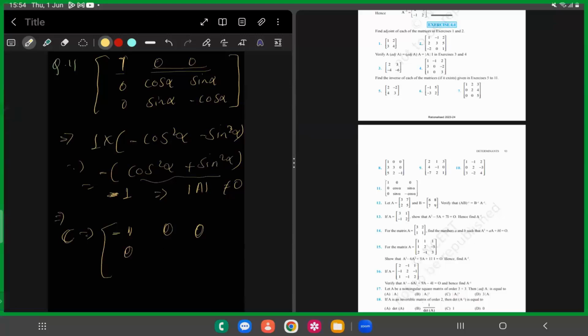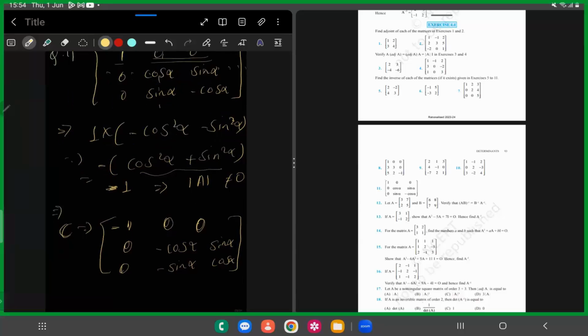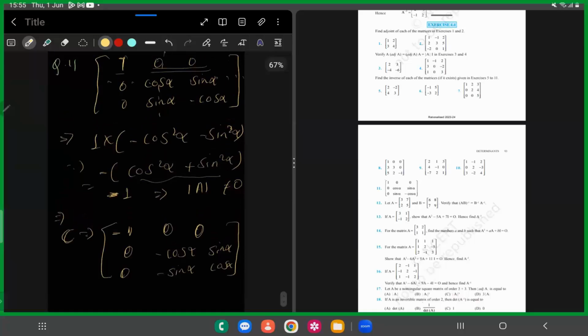For this term we need to ignore these two cells, and the remaining would be our cofactor, so minus cos alpha. For A23 our cofactor term would be sin alpha. For 3 1 this should be 0, and this should be minus sin alpha, and this should be cos alpha. Yeah, so this is our cofactor matrix.